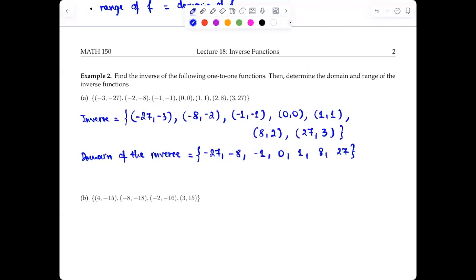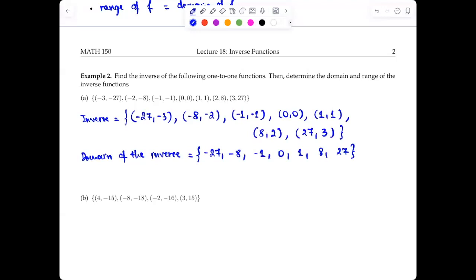So you have to count one point at a time. It's not a continuous function. This is a discrete function. Again, you have to count one point at a time. So when you write the domain of the inverse, you have to write down one number at a time. It's not an interval of integers.